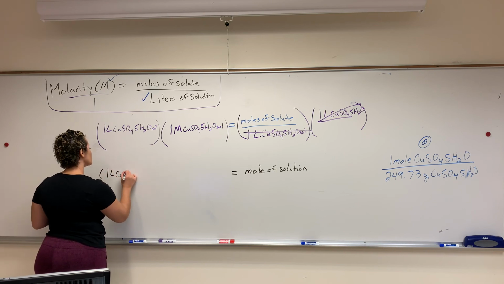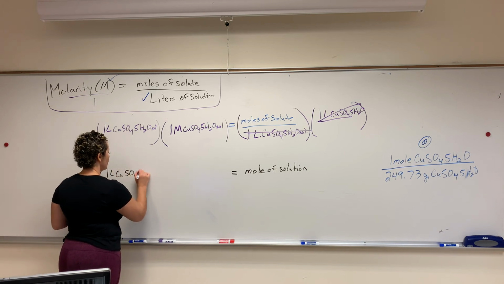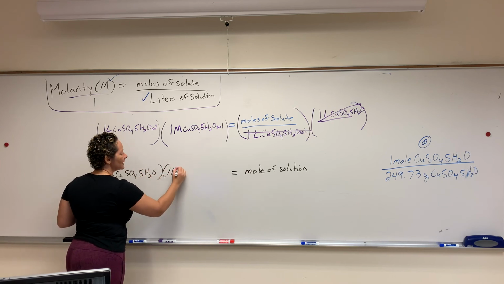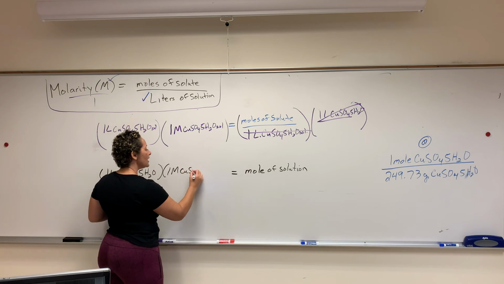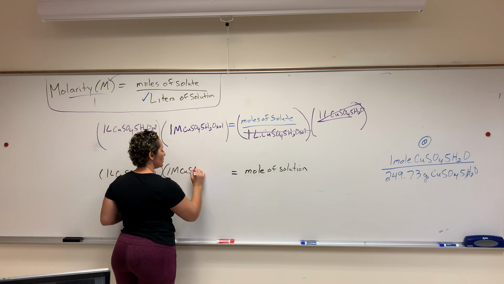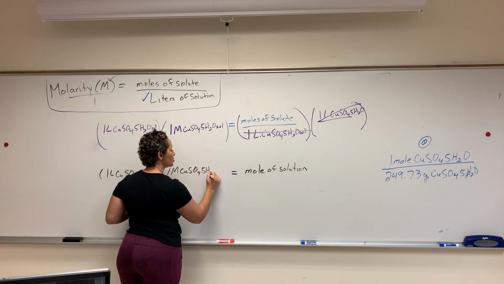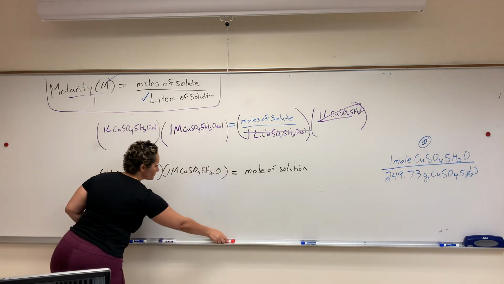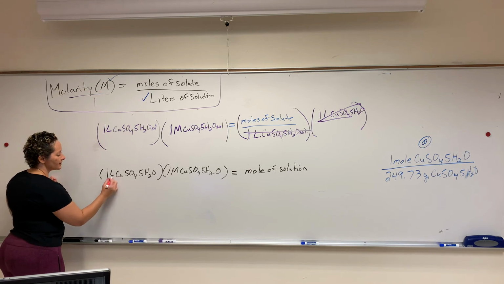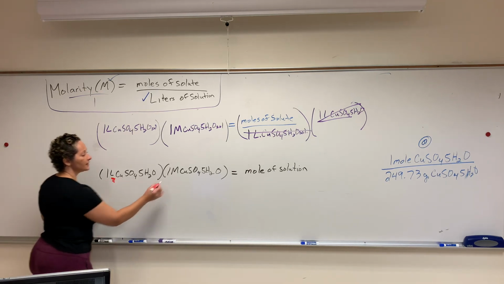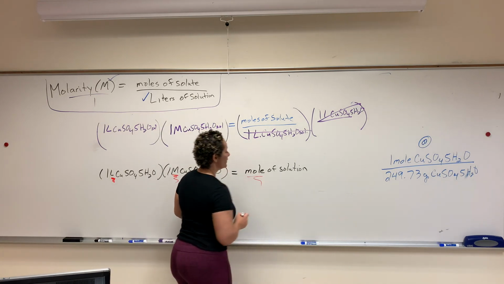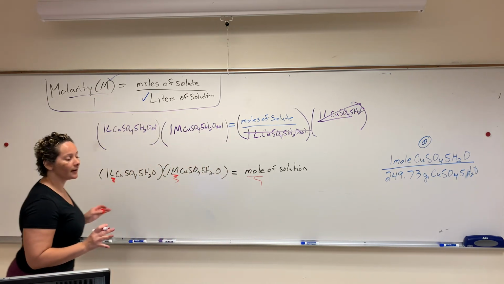And I need to show you a trick. 5H2O, you got 1 molarity CuSO4 5H2O. So looking at my labels, this is liters, this is molarity, this is moles. None of them match, okay?